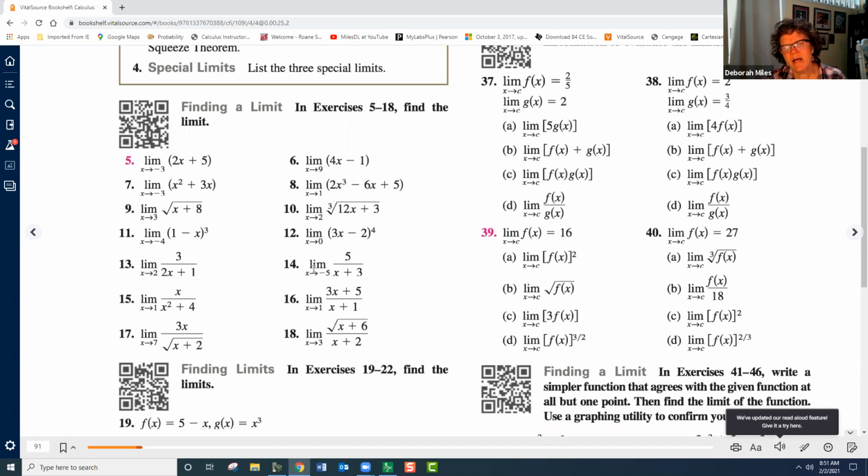Now, if that said find the limit as x goes to -3, could I let x be -3 in that function? No, I just couldn't do that by direct substitution. But all of these first 5 through 18, the limit can be evaluated by direct substitution. So that's the easiest problems you'll have in calculus.